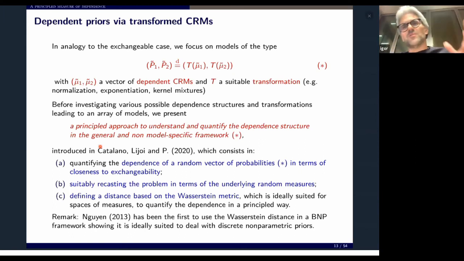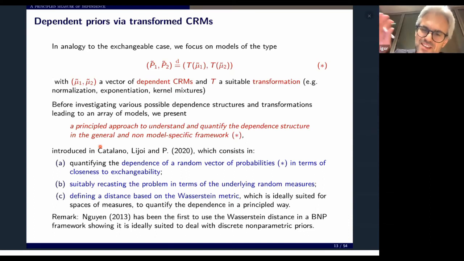What we tried to do, and I remember we also discussed that with David during the talk in Raleigh, was to make a principled approach to understand and quantify dependence structure in general, and not in a specific framework. We agreed the Wasserstein distance would be a way to go, but just saying use the Wasserstein is not enough, so we needed to do a little bit more.